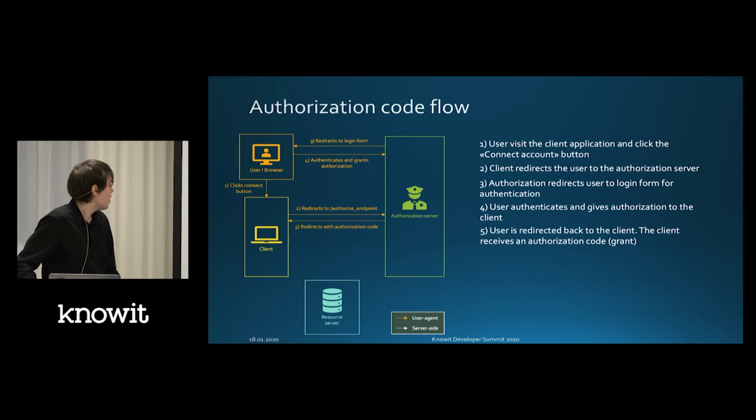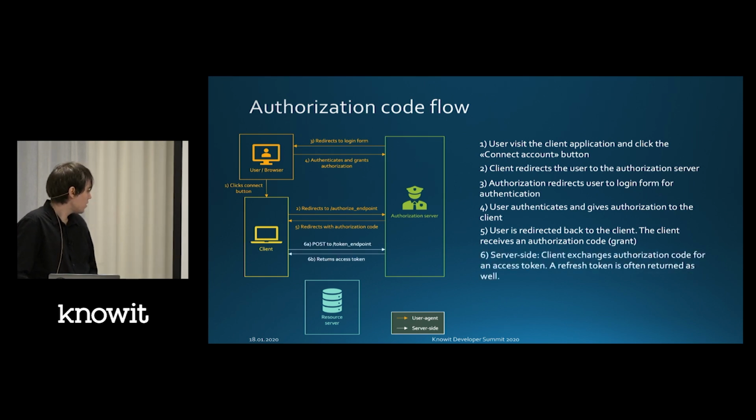After the user has authenticated and said, "Yes, I agree that this client can get access to these services," the user is redirected back to the client. And all these arrows I've shown so far are happening in the user agent. So this part of the flow is visible to the end user sitting at the computer. You can see it in the browser history, or at least in the network traffic.